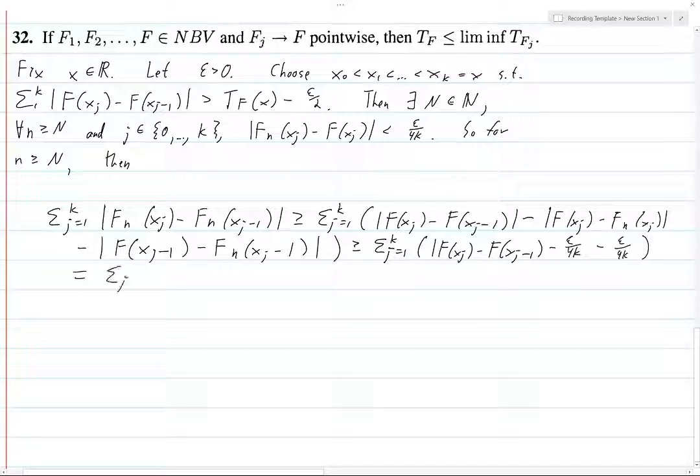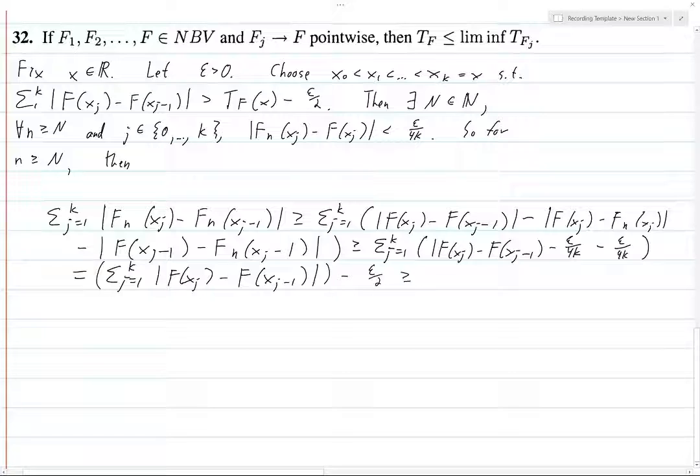If we bring these things out front, we get a minus epsilon over 2k, k times. You just subtract it, and you get this minus 1. So this whole thing is minus epsilon over 2.